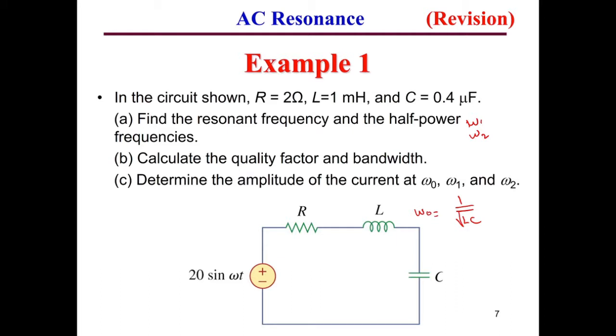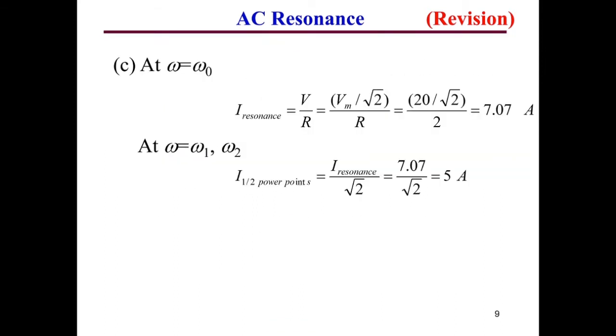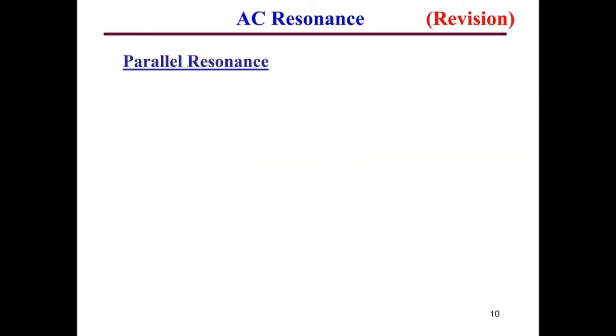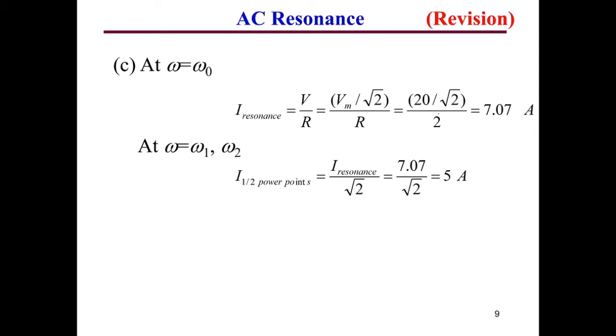Determine the amplitude of the current at W0. Of course, at W0, the resonance frequency, the current will be limited only by R. So it will be 20 peak with angle 0 divided by R, which is 2. That will be the value of the peak current.